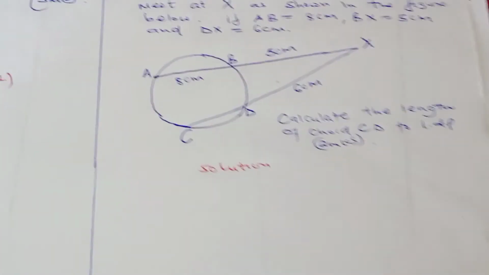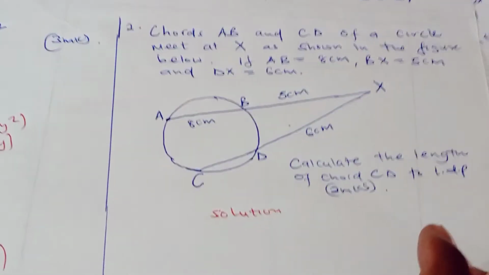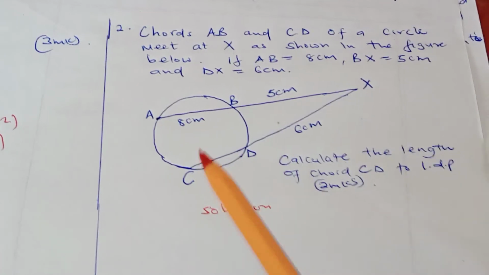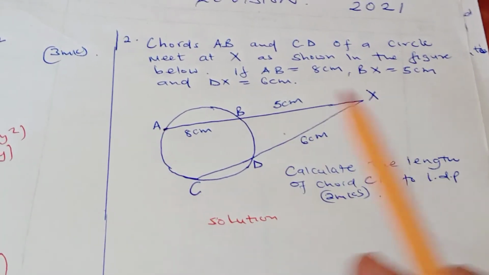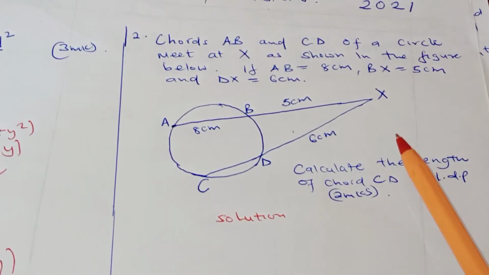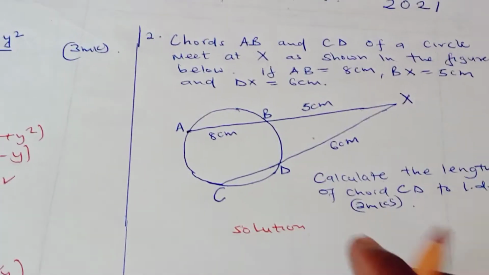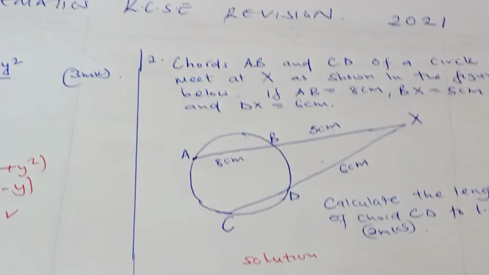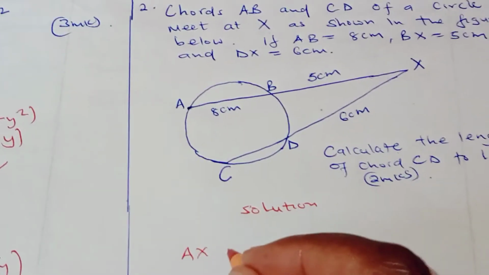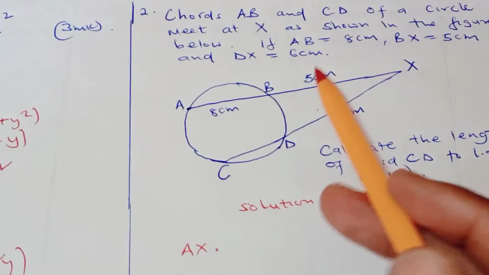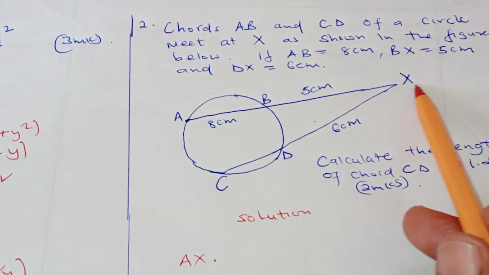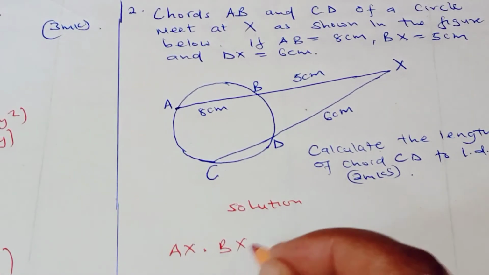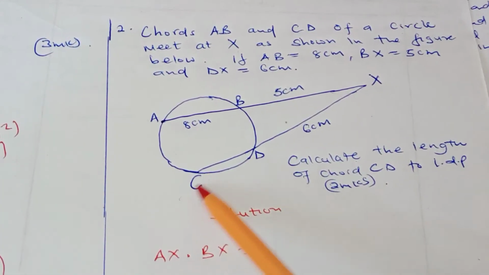Okay, so to get started here, we have a relationship when you have 2 chords meeting somewhere outside. Okay, so that relationship says that you take the whole length from A to X. You take AX and you multiply that by the length from B to X, that's BX. You do the same thing as far as the other chord is concerned.